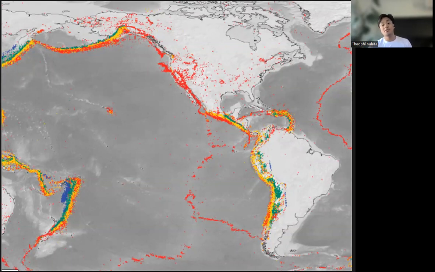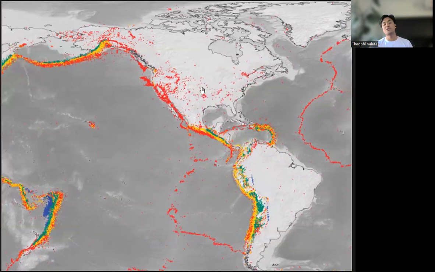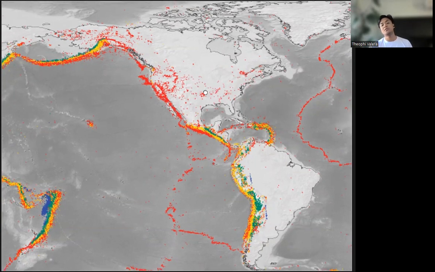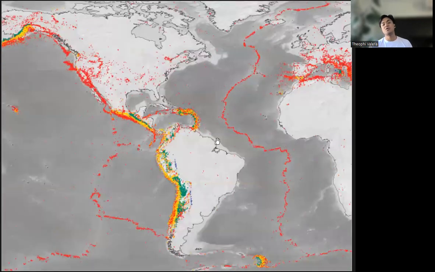Meron ding mga man-made earthquakes, and that's very obvious here in USA. You can see here in central United States, wherein wala namang trenches, wala namang new oceanic crust being made, you still get these earthquakes, and some of these at least are attributed to fracking. Yung ano ito?